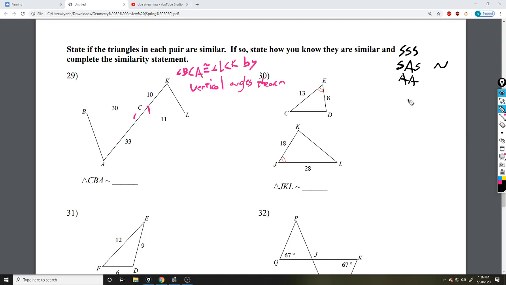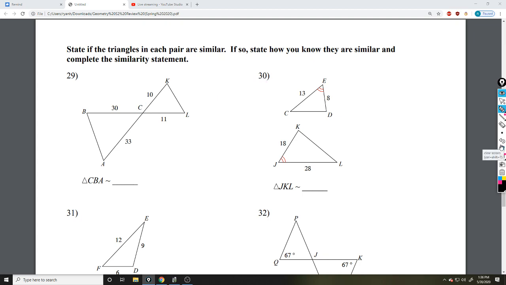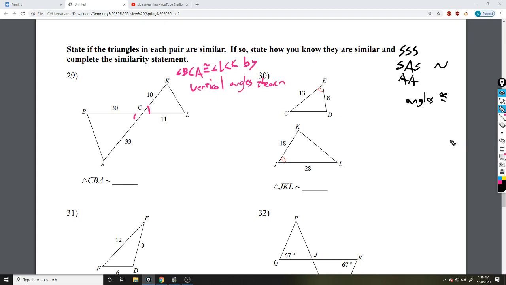So one more real quick thing. We want angles to be congruent, and we want the sides proportional. We want the ratio of the sides to be the same.